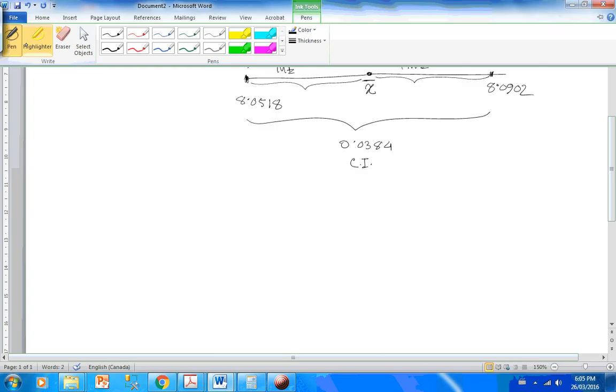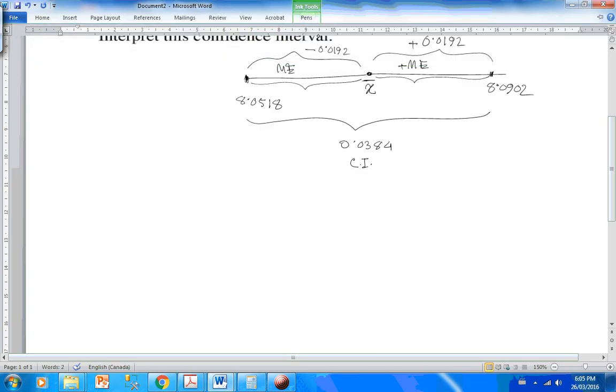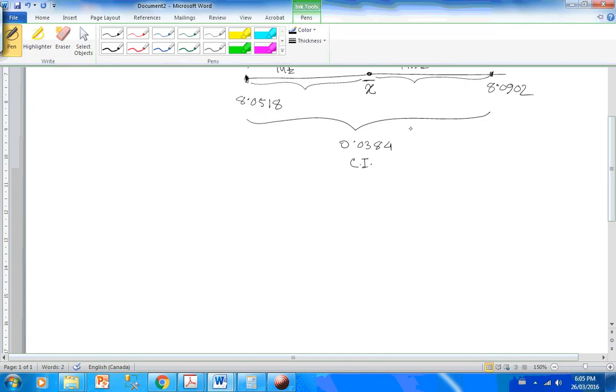Let me just take you to that discussion for just 1 or 2 minutes. In that way, you'll really understand the logic behind this 95% confidence interval.